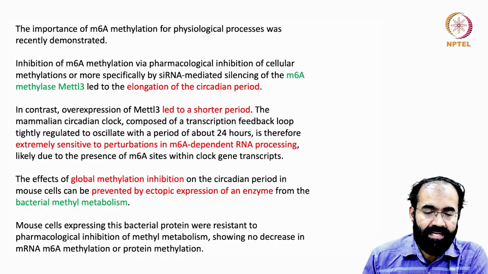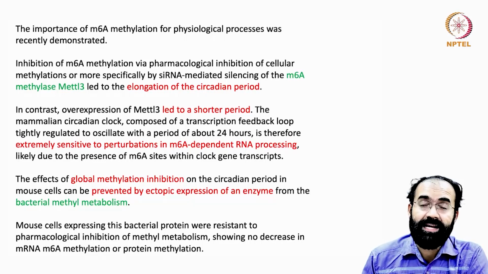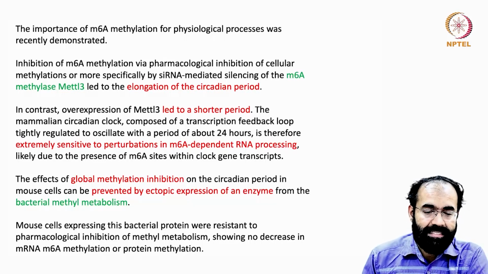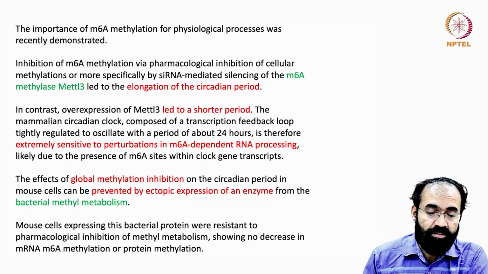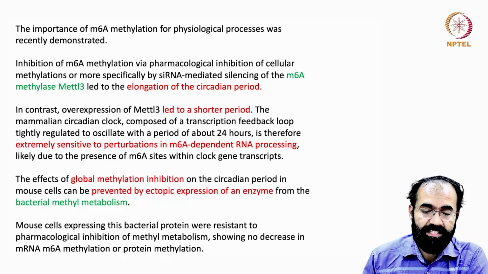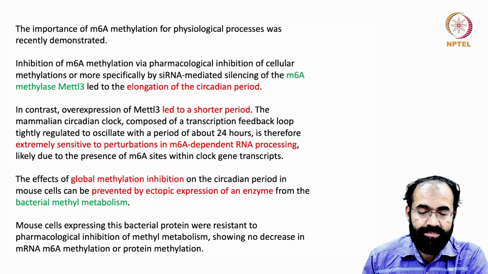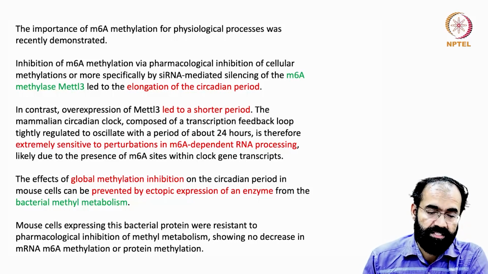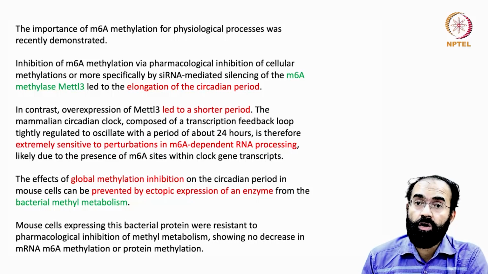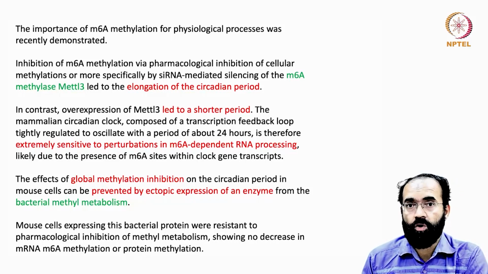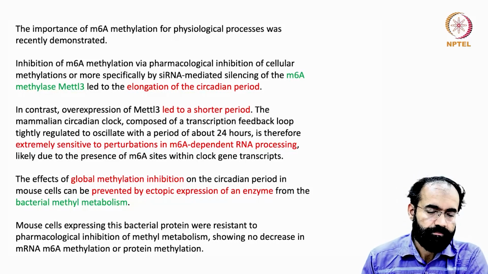So the mammalian circadian clock, composed of transcription feedback loops, is tightly regulated to oscillate within a period of 24 hours, and therefore it is extremely sensitive to perturbations in M6A-dependent RNA processing. It is likely due to the presence of M6A sites within the clock gene transcripts, or clock gene mRNAs.